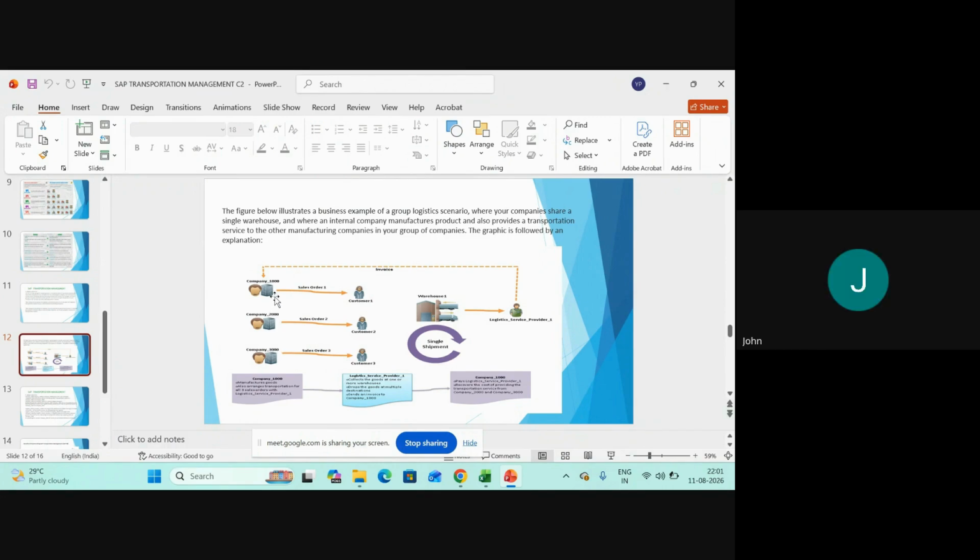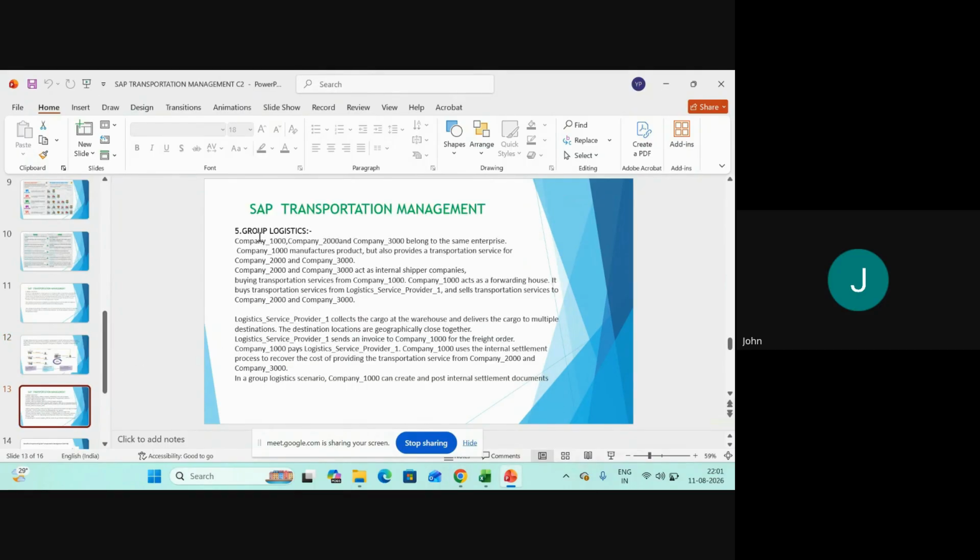Company 1000 has a transportation facility. Company 2000 and 3000 are the manufacturers, and they belong to the shipper variant. For transport-related activity, they will depend on company 1000 trucks for transporting their goods. In this case also, we may deploy the TM solution. Very least implemented scenario. So this is about the group logistics scenario.